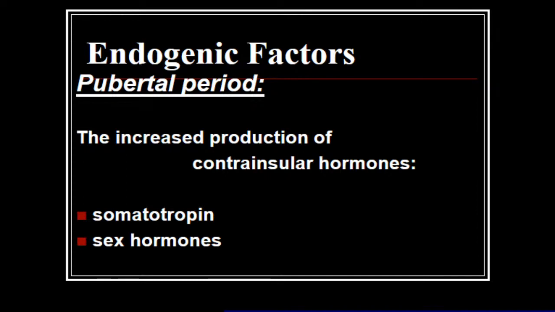Endogenic factors: pubertal period, the increased production of contra-insular hormones. It will be sex hormones and somatotropin, growth hormone.